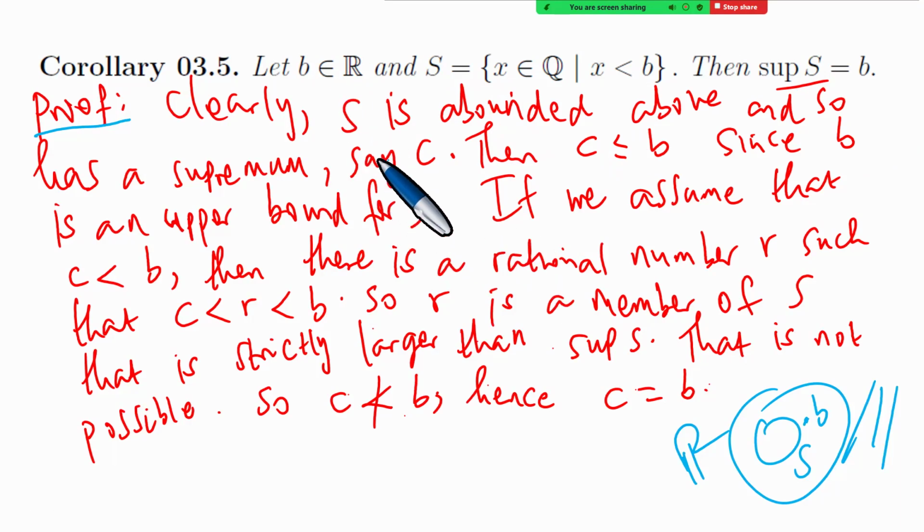Okay, now clearly S is bounded above. How do we know? It is bounded above because S contains all X's in Q such that all the X's are smaller than B. B is sort of an upper bound of all the X's. So indeed, clearly S is bounded above, and so has a supremum.